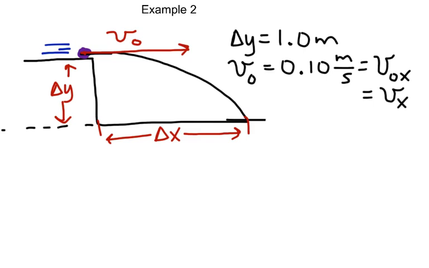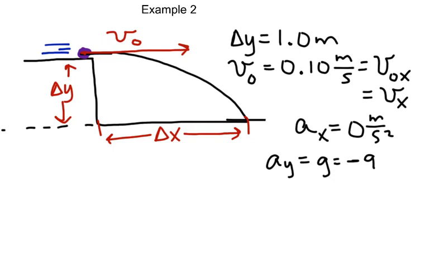There's no acceleration in the x direction. Let's write that down. My acceleration in the x direction is 0 meters per second squared. My acceleration in the y direction is g, and that is negative 9.8 meters per second squared, which I'm going to round as negative 10 meters per second squared.